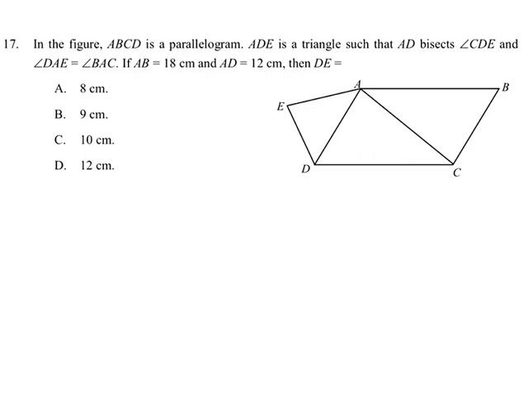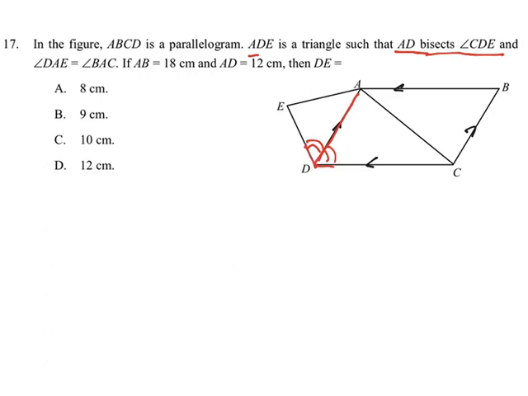Question 17. ABCD is a parallelogram, and we know that AD bisects CDE. That means these two angles are the same. AD bisects means it separates this angle into two same angles.